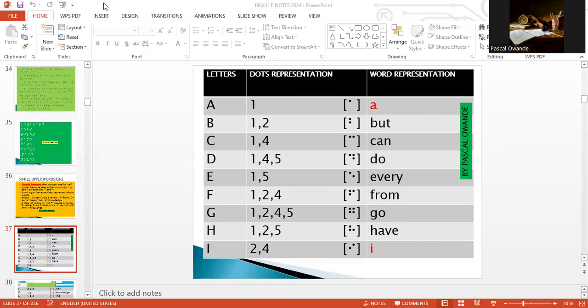Then we have letter E, represented with dot 1 and dot 5, giving us the word every. Then we have letter F, dot 1, dot 2, and dot 4, giving us a word representation from.